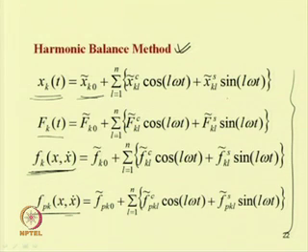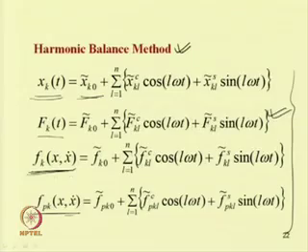And similarly, for the forcing term also we can write f k equal to f k 0 plus sum over L equal to 1 to n of f k L cos L omega t plus f k L sin L omega t. So, this is for the generalized force. If we have a generalized periodic force, then we can write it in terms of these harmonic forces.